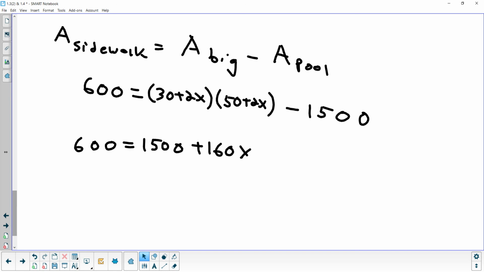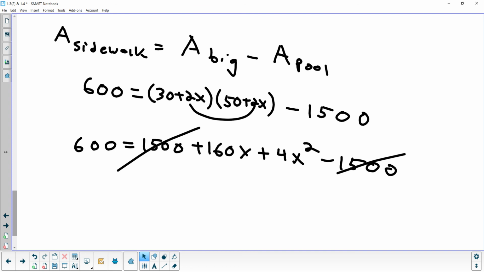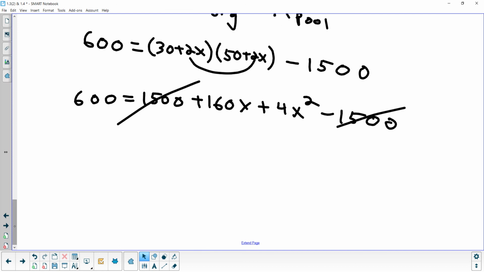So 60x for the outer, 100x for the inner. 60 and 100 is 160. 2x times 2x is 4x squared. So I ended up with 1500 from the foiling, plus I had the 1500 for the pool. That's gone.